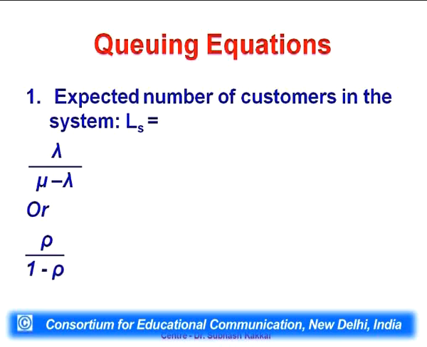Or this can also be written as rho divided by 1 minus rho, because in the first formula, if we divide numerator and denominator by mu, it becomes lambda by mu divided by 1 minus lambda by mu, and lambda by mu is known as rho, which is the traffic intensity. So this formula can be expressed in terms of traffic intensity, which is shown by rho.